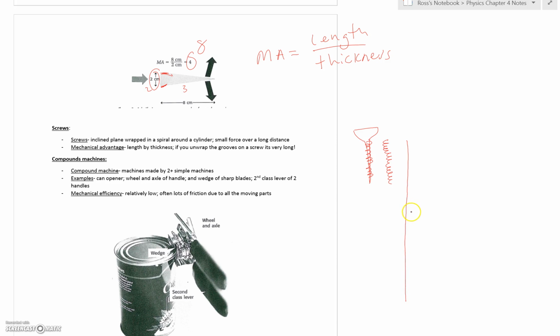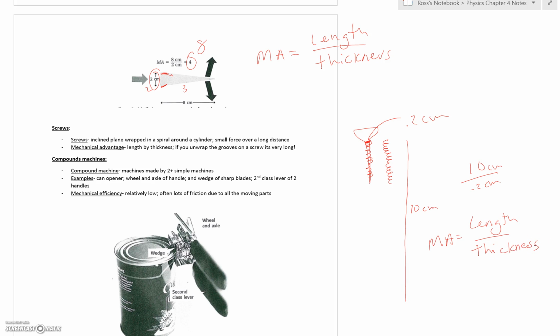So let's say that's 10 centimeters, but you're dividing it again by the thickness of this screw head right here, which is probably like 0.2 centimeters. So you've got 10 centimeters divided by 0.2 centimeters. That's going to be a huge mechanical advantage. So MA will once again be the length by the thickness.